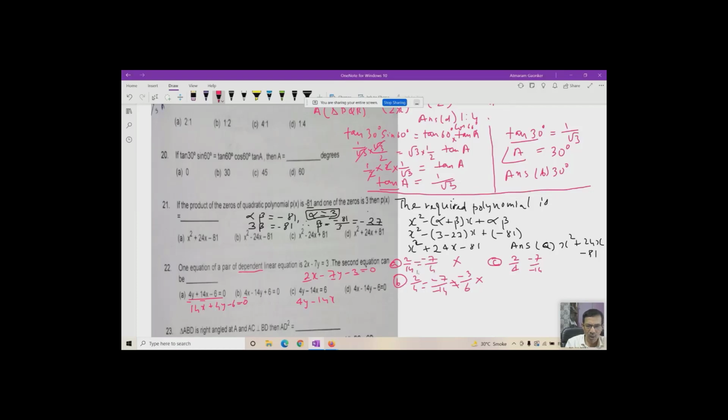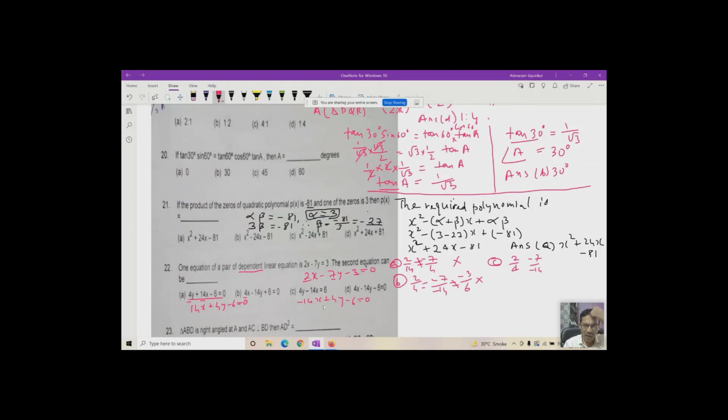So these two ratios are not equal. Then here 2 upon 4, 7 upon 14, this is okay. Here also we have to rearrange this so that the term with x should be first: minus 14x plus 4y minus 6 equal to 0.